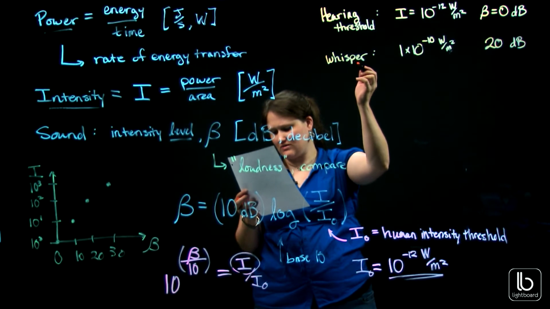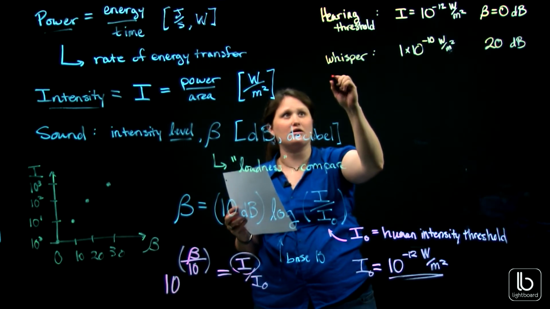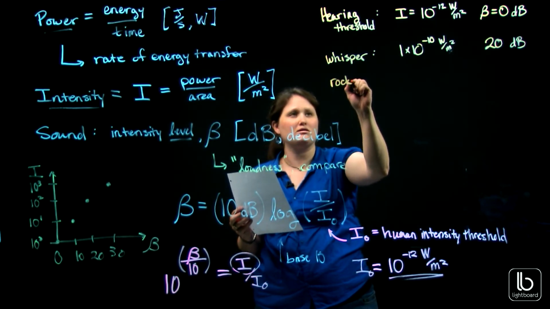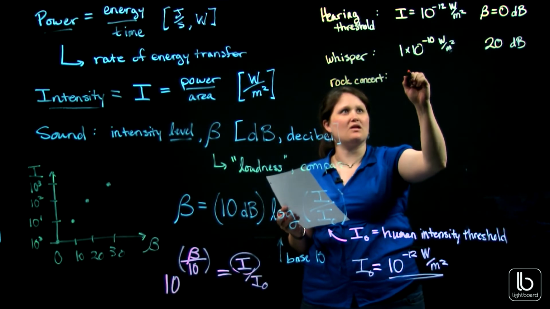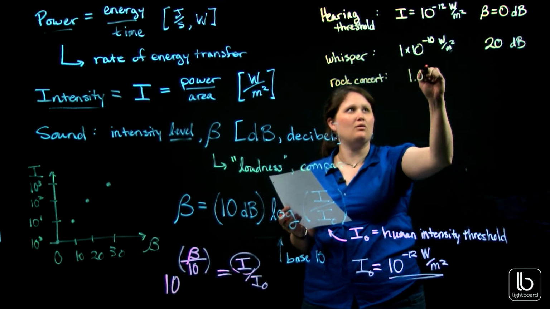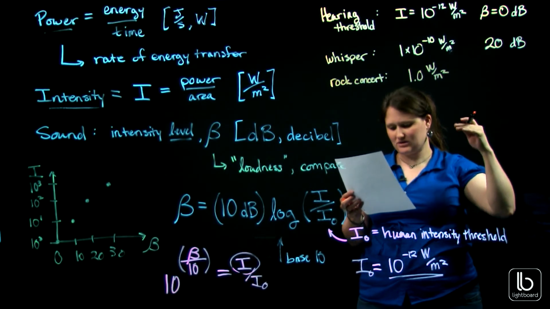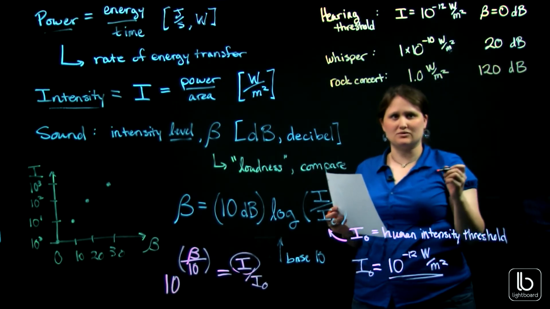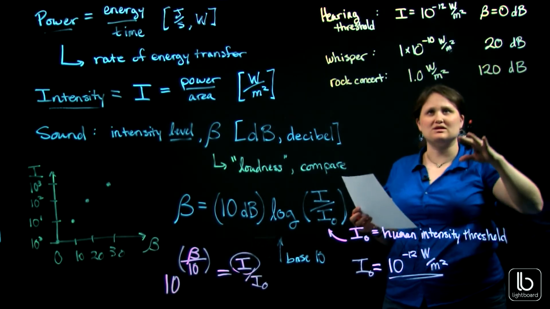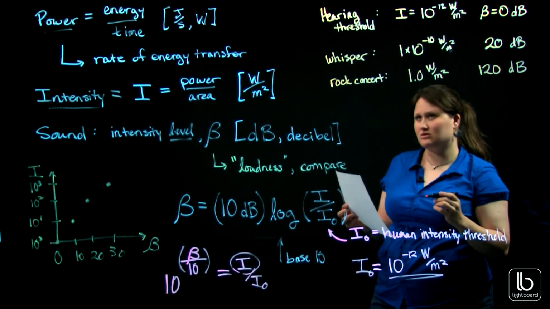Normal, well, let's go ahead and jump up to the live rock concert. We're looking at something like 1 watt per meter squared. And in terms of loudness, we're looking at 120 decibels. Okay, so you kind of start to see that it's hard to see the relationship between the two.